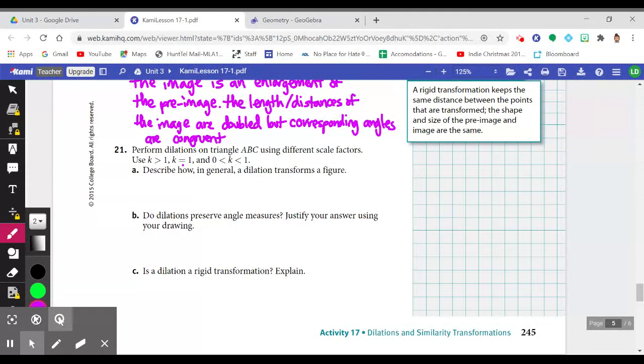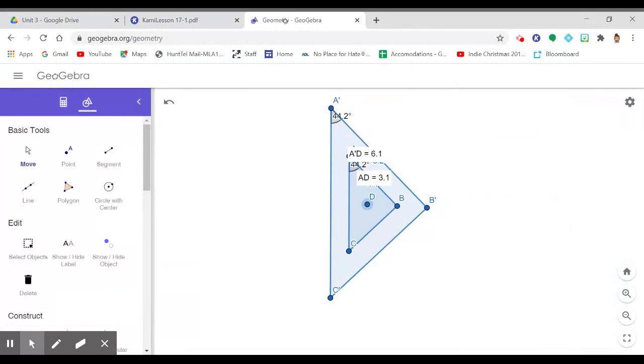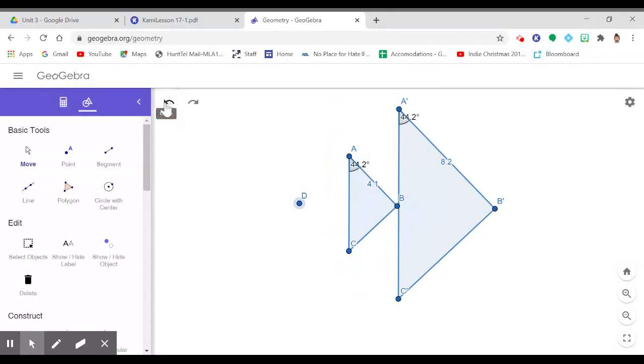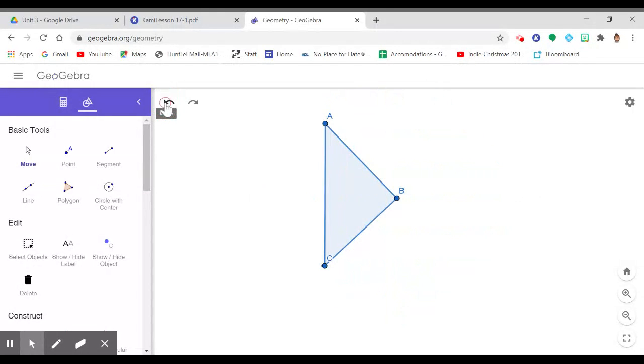So let's jump over to GeoGebra and start playing around with what happens when our scale factors are not just greater than 1. I'm going to back this up all the way to our original pre-image triangle ABC and our center of dilation D. And we'll keep that center of dilation outside of our pre-image.